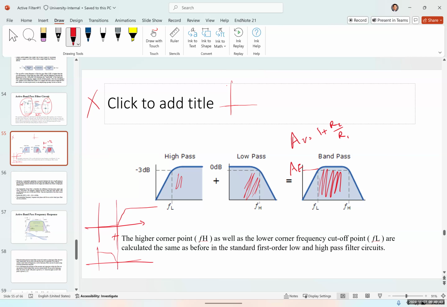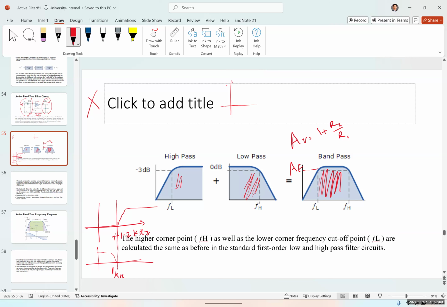Imagine that this one has a cutoff frequency of 1 kilohertz, this one has a cutoff frequency of 1.2 kilohertz. So designing the system, we have to be sure that these two are far enough, and that depends on our design. Sometimes we need a very narrow bandpass filter, sometimes we need a very wide bandpass filter.